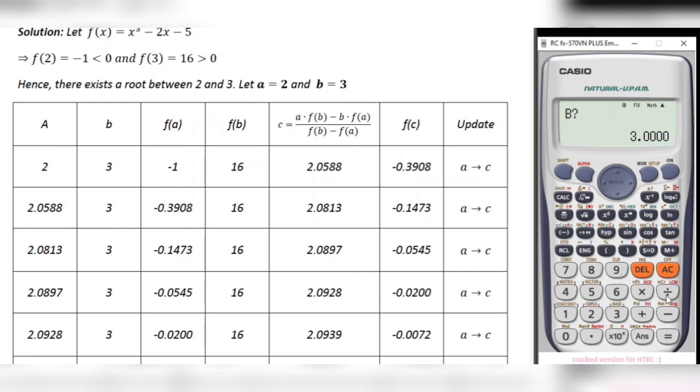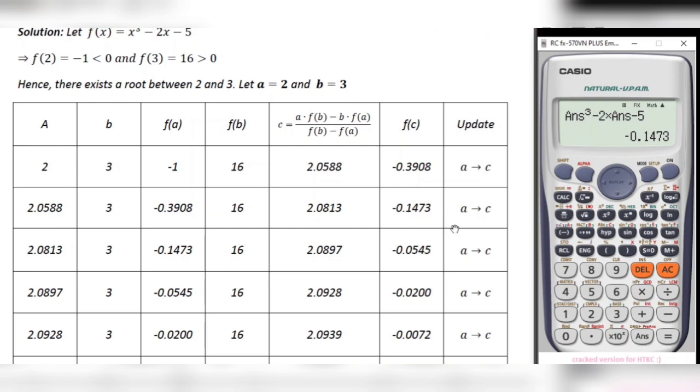B is still 3, just press equals. You get the value of c as 2.0813. Now press the up arrow, the answer equation is still there. Now the value of answer is 2.0813. If you press equal, you get f of c as minus 0.1473.